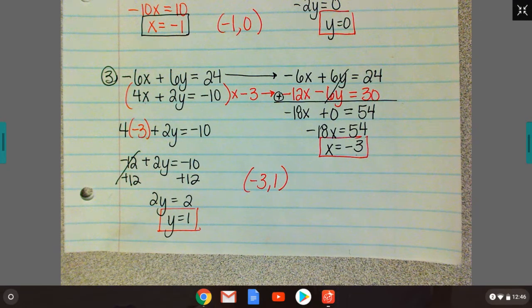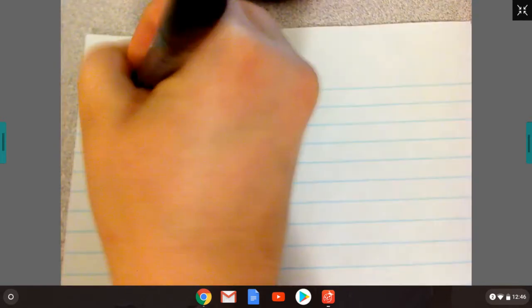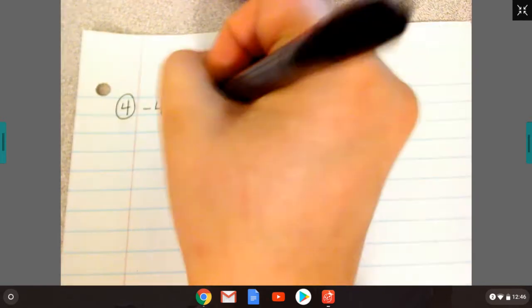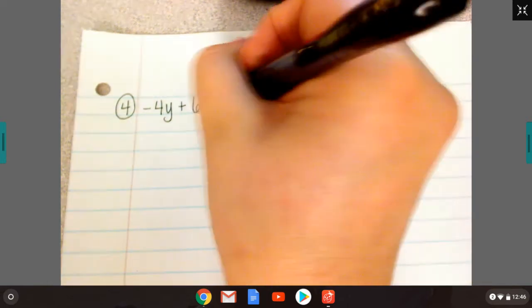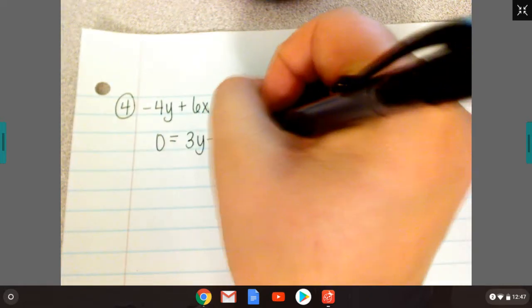All right, let's look through another one. We've got negative 4y plus 6x equals 0, and 0 equals 3y minus 12x.